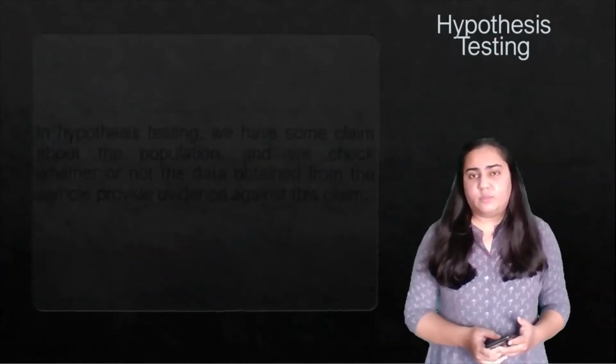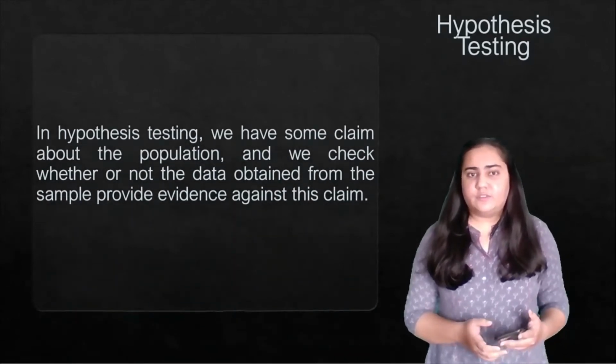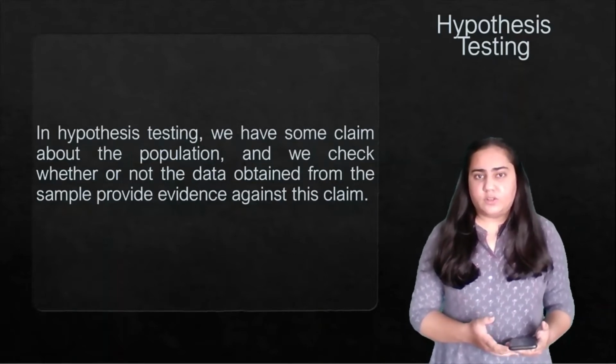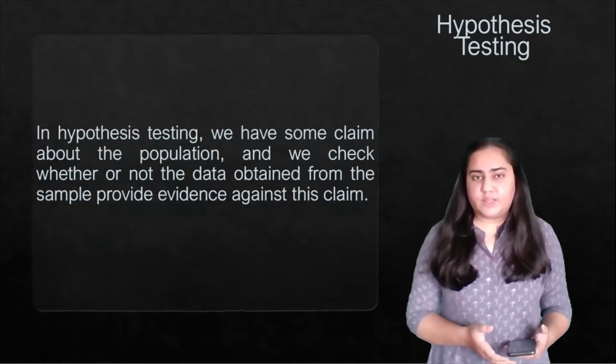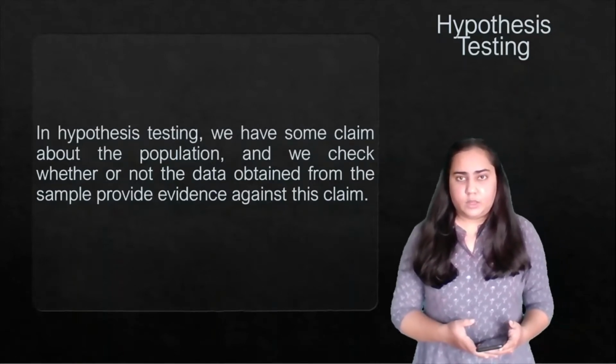The third form of inference is known as hypothesis testing. In hypothesis testing, we have some claim about the population and we check whether or not the data obtained from the sample provide evidence against this claim.